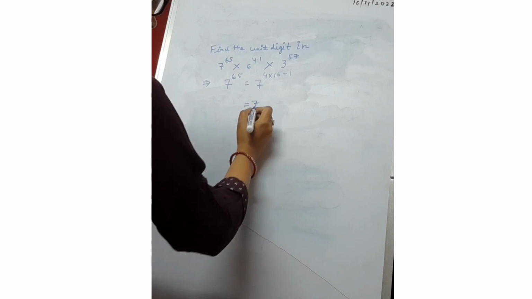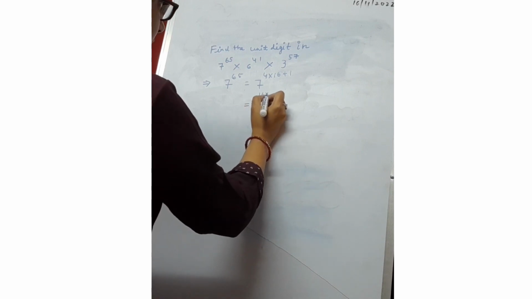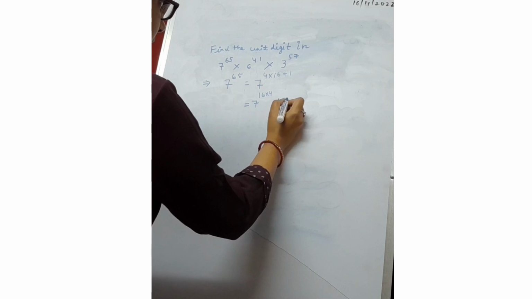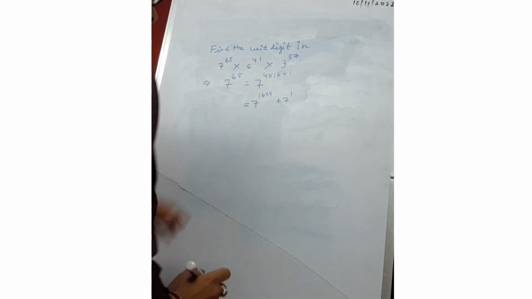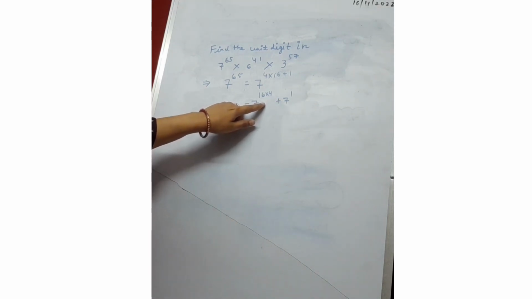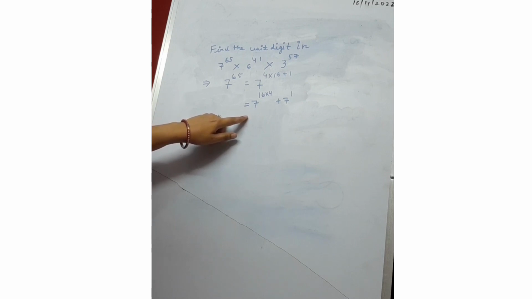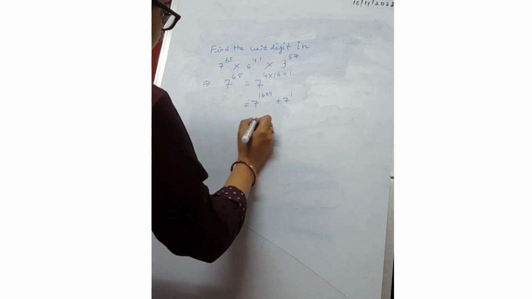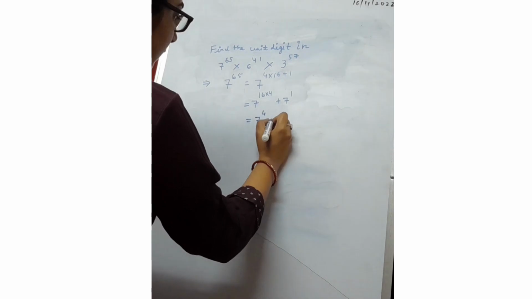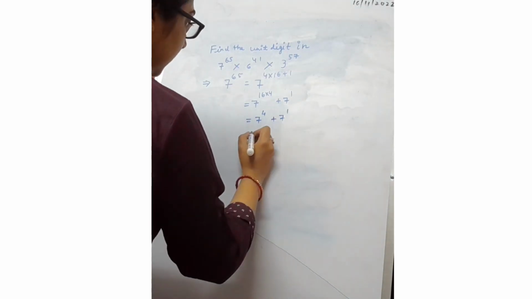Then 7 to the power 16 into 4 plus 1. Here the remainder is 0, so we have to put 7 to the power 4 times 7 to the power 1.